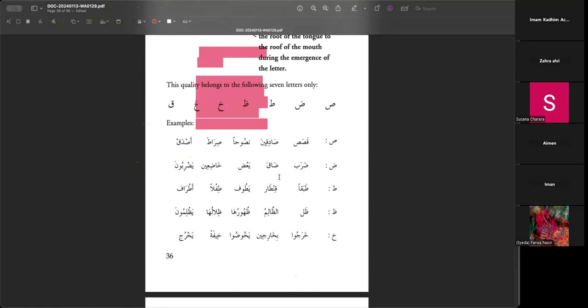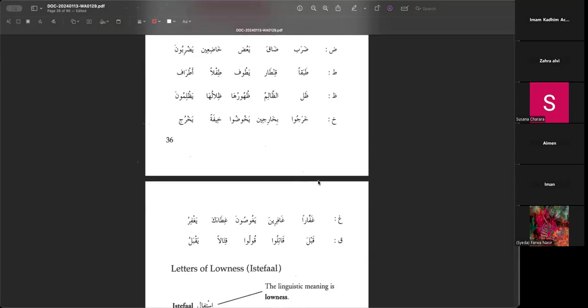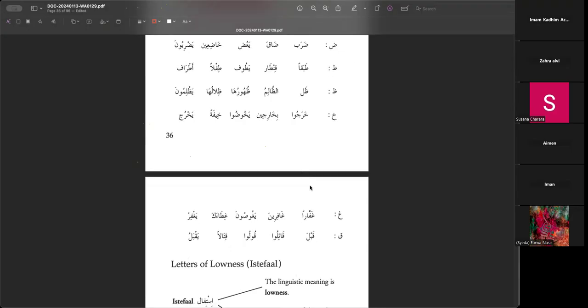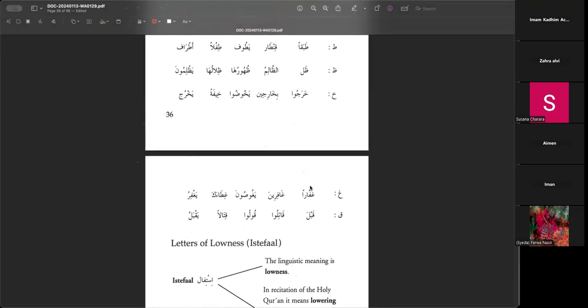And I don't know if you're used to listening to some reciters, but the one that all of my teachers have always recommended is Al-Minshawi, because he has the correct makhraj and everything.